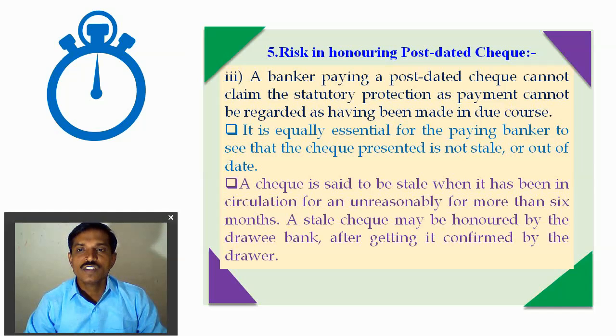It is equally essential for the paying banker to see that the check presented is not a stale or outdated check. So the date contained in the check is important. On the right-hand corner we see some numbers written. That is the date of the check, and after the writing of the date the check is valid for only 3 months. A check is said to be stale when it has been in circulation for an unreasonably long time. Recently this validity period is only 3 months, previously it was 6 months.